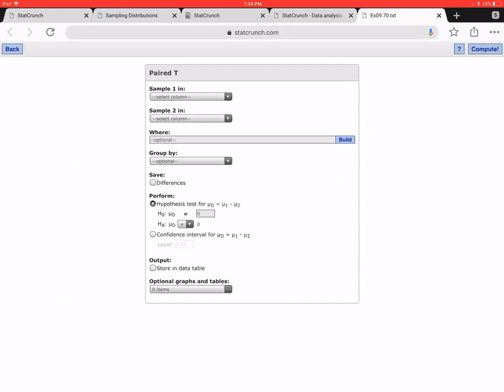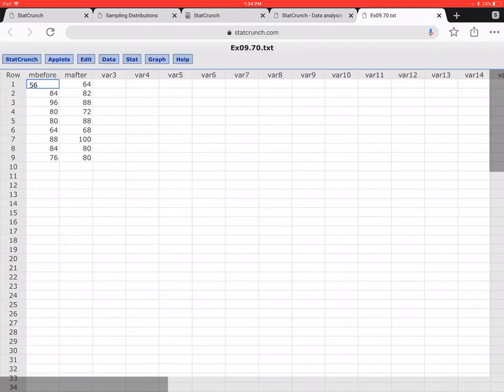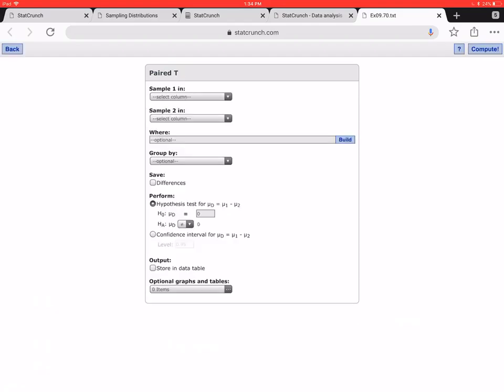Anytime you're doing the paired data, you will have actual data because they've got it paired up, right? When we were looking out here, notice every before and after, we know that is a single person, so it's paired up like that. So they have to give you the data in that format.